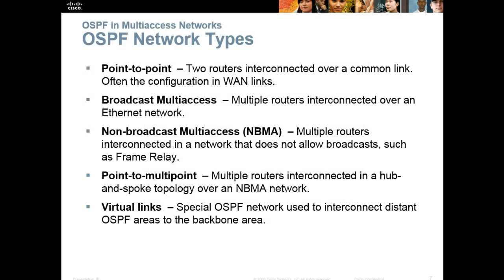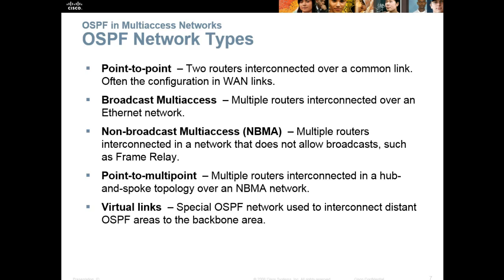Now, the network types inside of OSPF: we can have point-to-point networks, which are just two routers, one at each end of a link. Broadcast multi-access means you have a lot of routers in an Ethernet network that are interconnected, and they might be connected in a loop, which isn't a problem like it is for switches because routers don't flood broadcasts, but they still need to work together so they know how to share data.